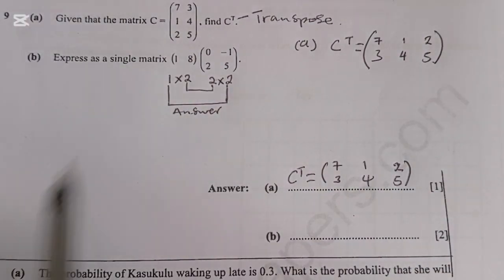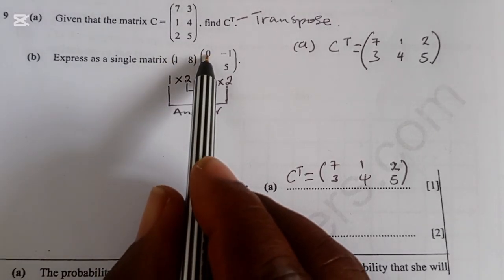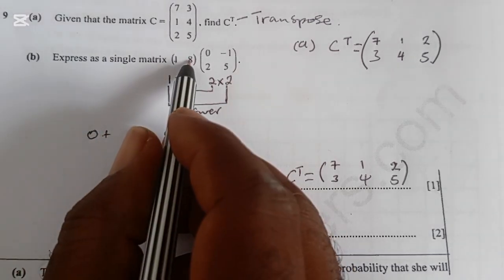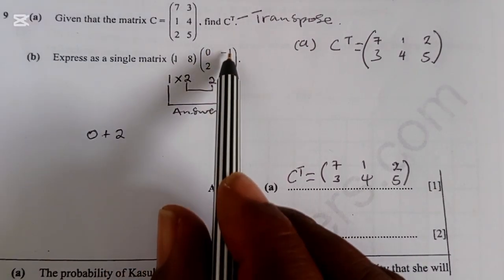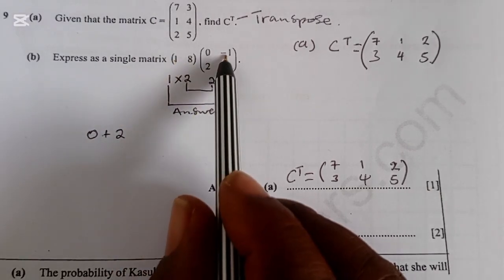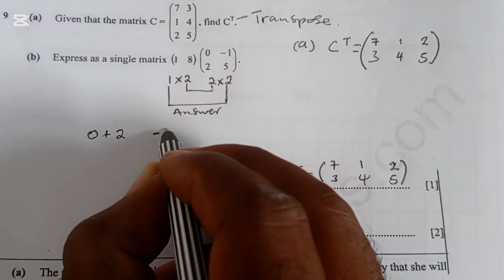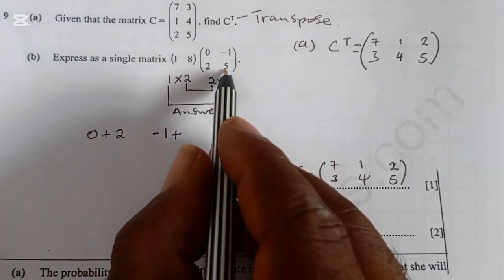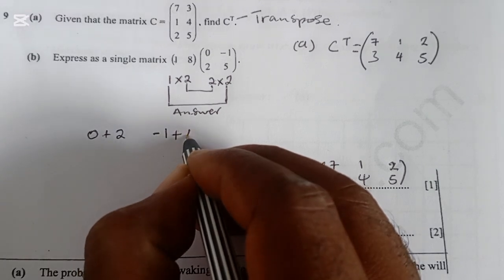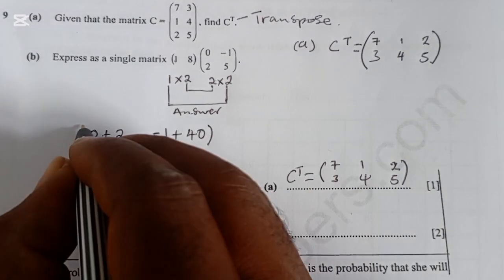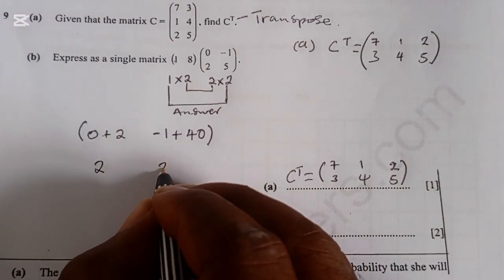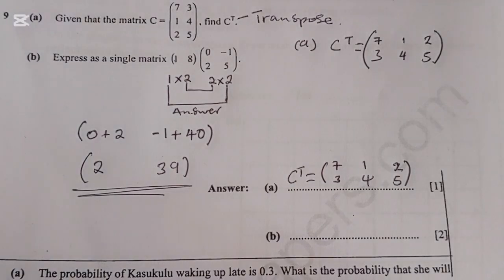So let us multiply 1 times 0, it is 0, plus 8 times 2, and then we go to this column now. 1 times -1, it is -1, plus 8 times 5, which is 40. So from there now we add -1 plus 40, it is positive 39. So this is a 1 by 2 matrix.